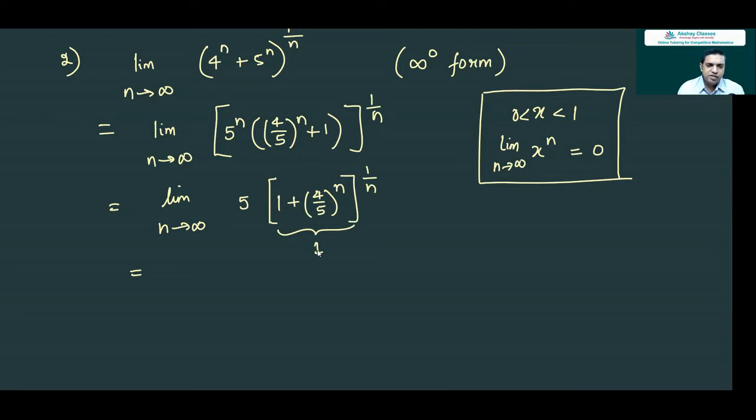This is a number like 1.0000 raised to a power very close to 0. So this will tend to 1. So we have 5 into 1, which is equal to 5. This is the answer.